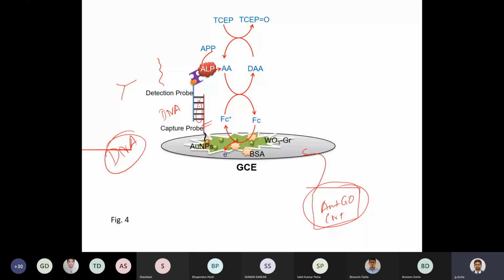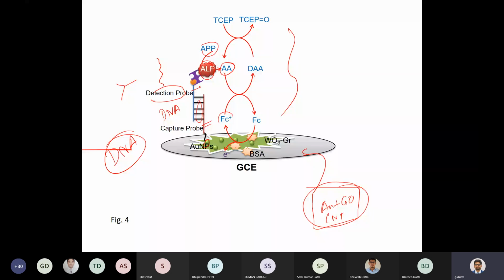And you can use a detection probe, detection DNA that is already conjugated with ALP, and ALP can be conjugated with the DNA using the avidin biotin method. Here, with the substrate, the reaction with ALP can generate some species like AA. And this one can react with the FC plus, the same reaction we are using.